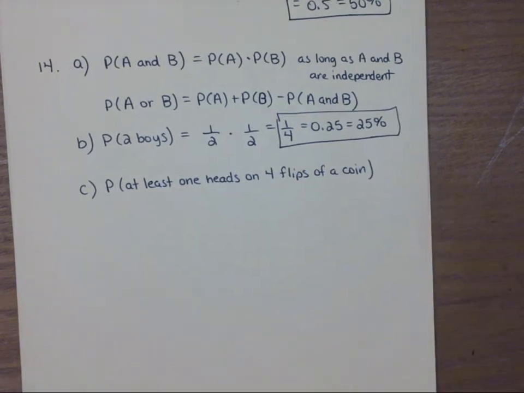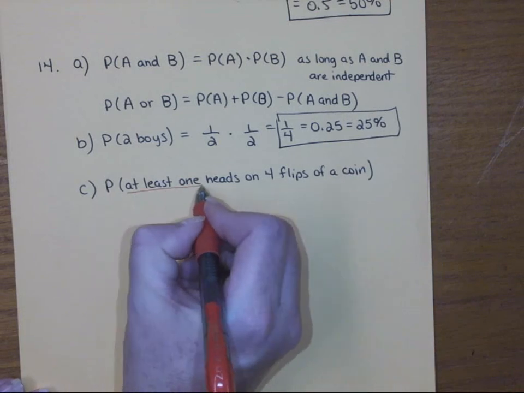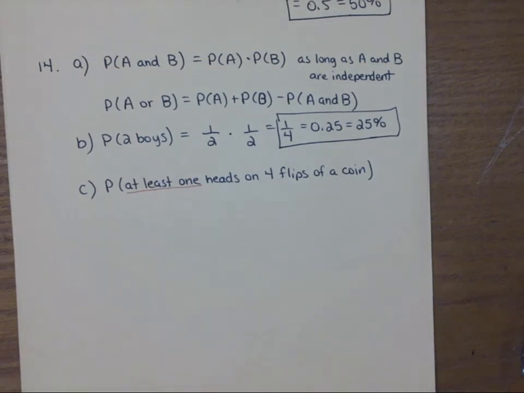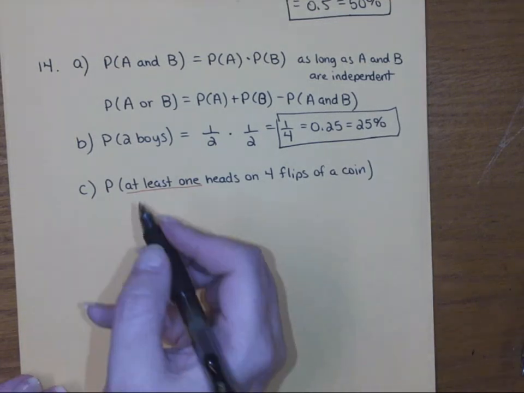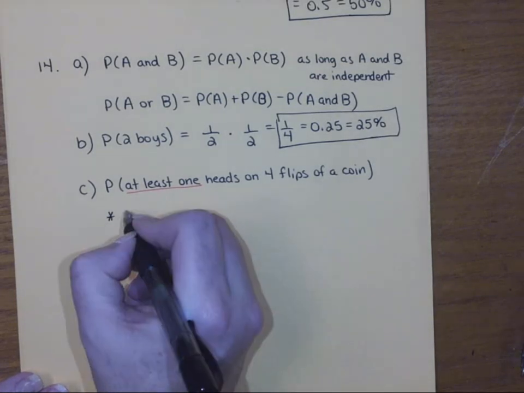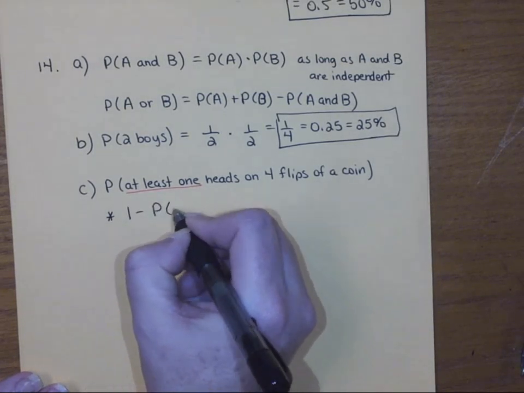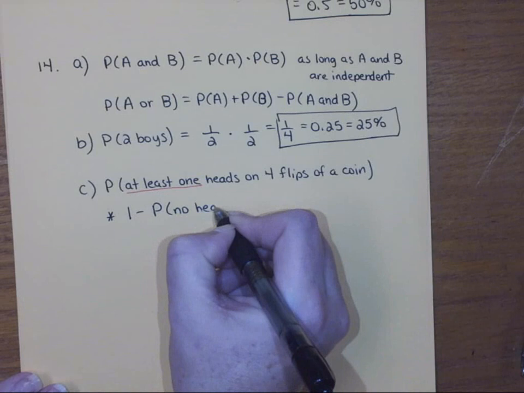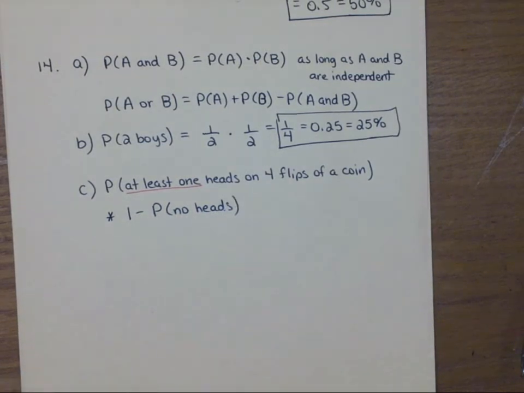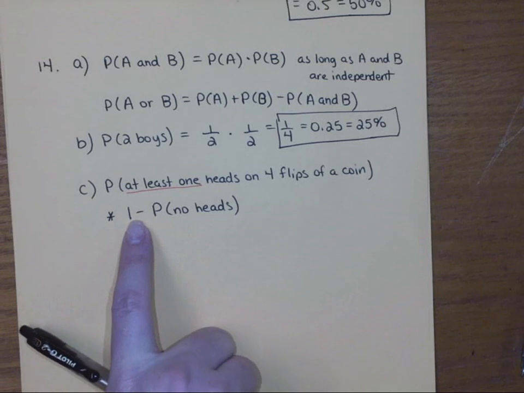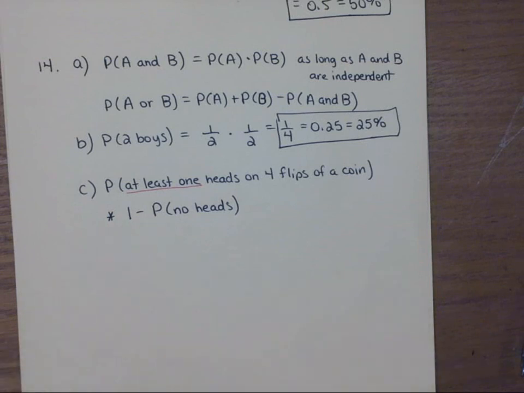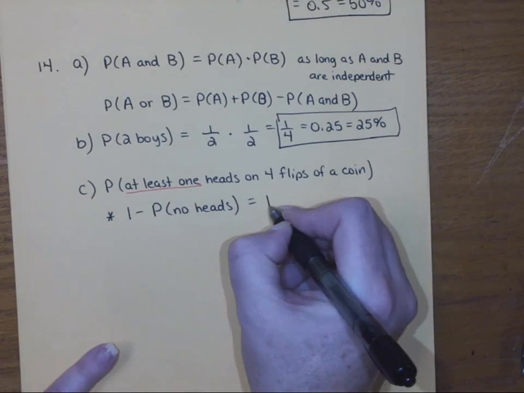At least 1 is difficult to find directly because at least 1 means 1 or 2 or 3 or 4. The only thing that it does not cover is no heads, so it's 1 minus the probability of no heads. So we're going to go kind of the backwards way on this. We're going to figure out the opposite, and then we're just going to take it away from 100%. It's a lot easier to do that way. So let's look at that.